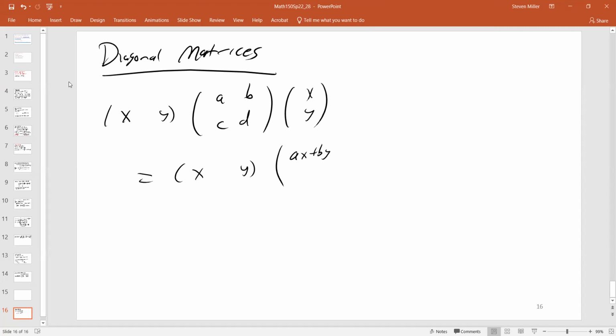Now I take row dotted with column, and then the bottom would be cx plus dy.